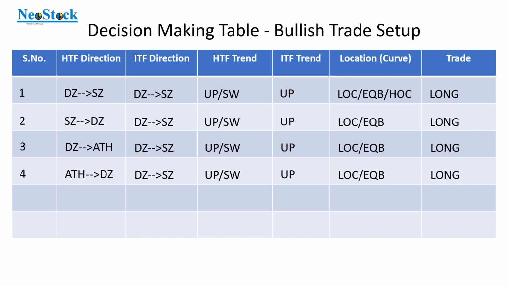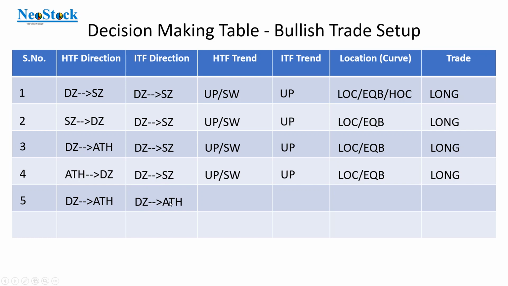And the fifth scenario: now demand zone to all-time high, but here not demand zone to supply zone. Here also demand zone to all-time high. This is what I mentioned earlier. Apart from demand zone to supply zone, there is one more scenario, that is demand zone to ATH.